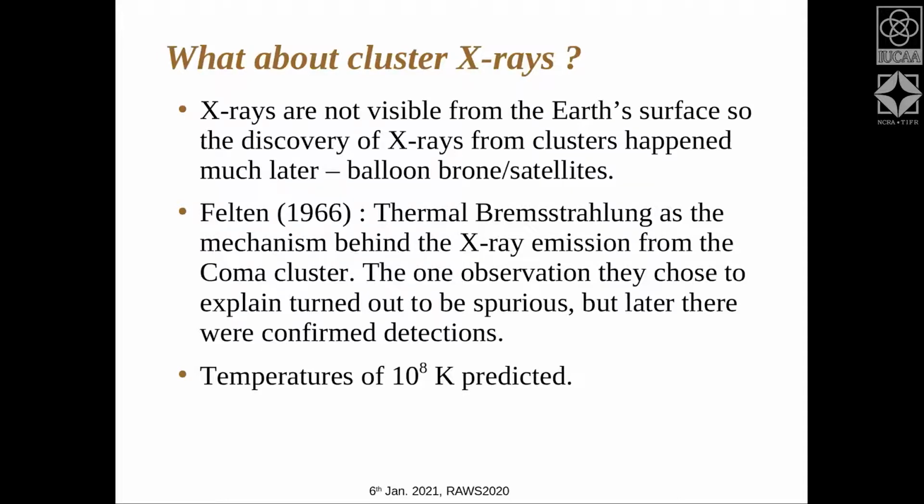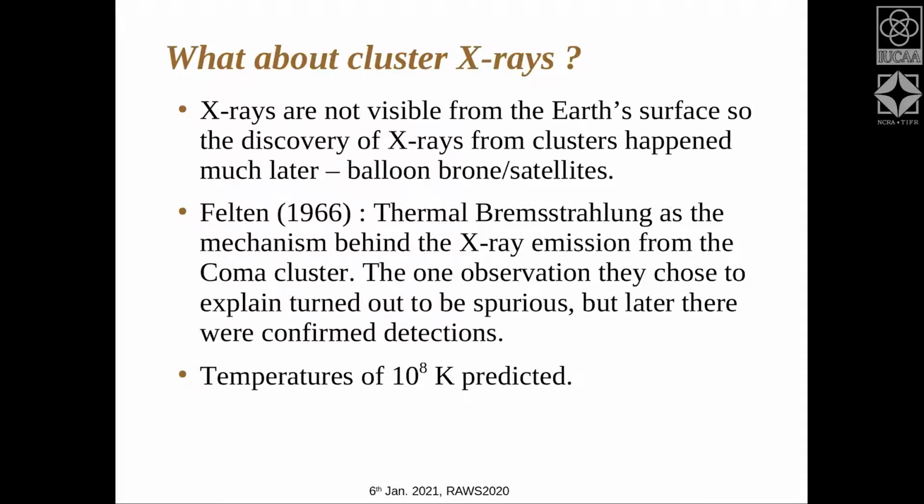Coma has been a big cluster, and it is nearby also, so it has been a test bed for many issues regarding galaxy clusters. There was a detection of diffuse X-rays from the Coma cluster, and at that time it was not clear what the physical mechanism was.